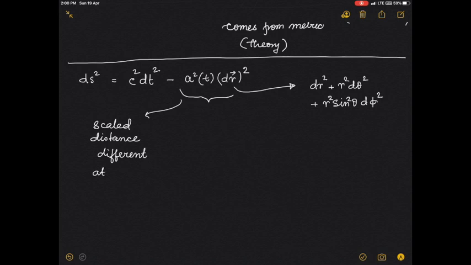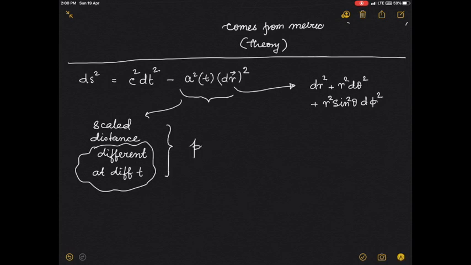So this distance will be different at different t. This has a name called proper distance. Often this is what you measure. So this is proper distance dp.